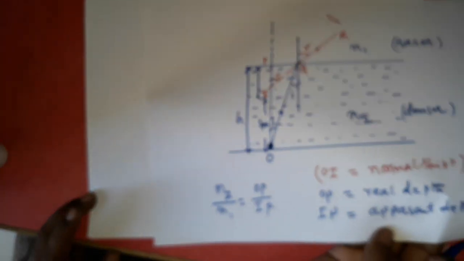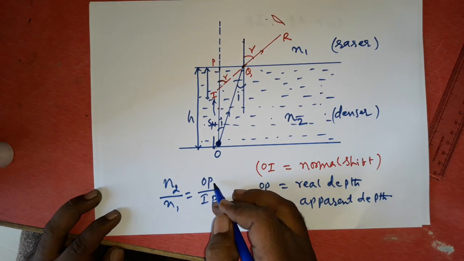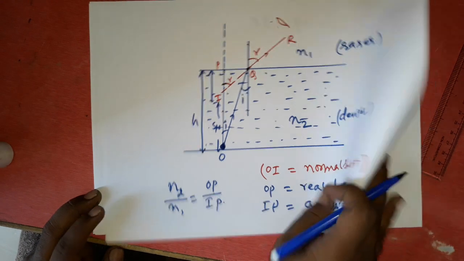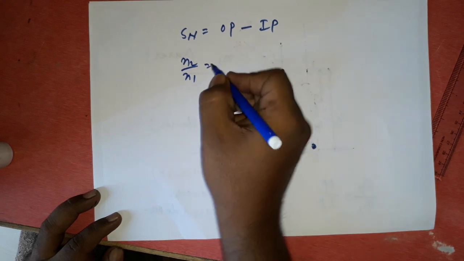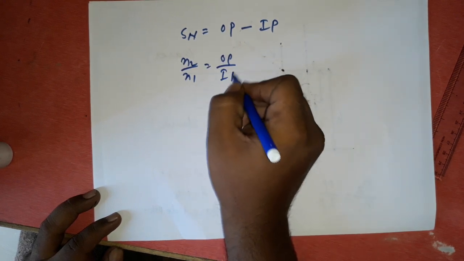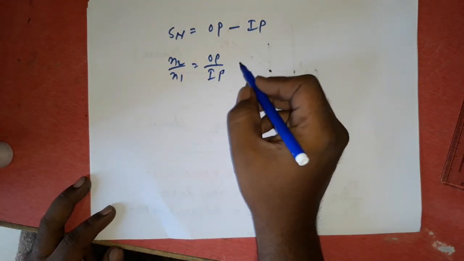One equation is there. This is the refractive index definition. N2 by N1 is equal to OP by IP. Refractive index is equal to real depth by apparent depth.